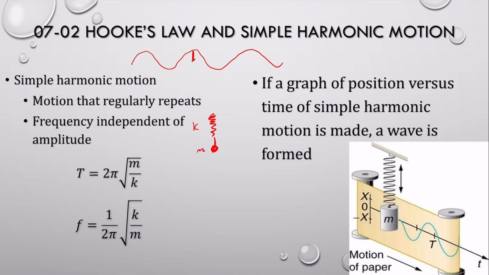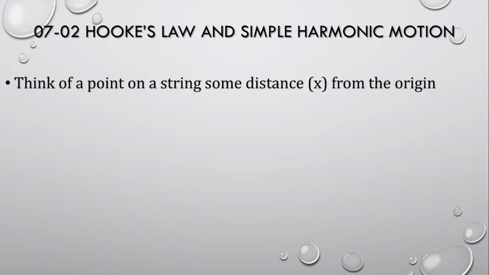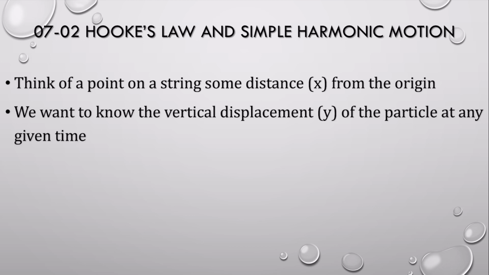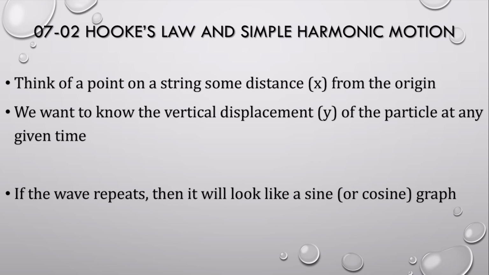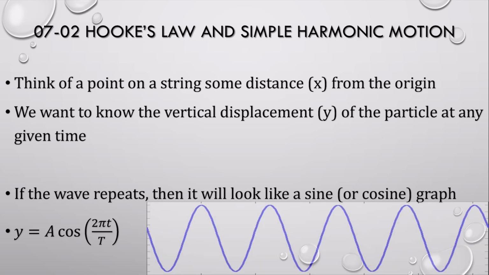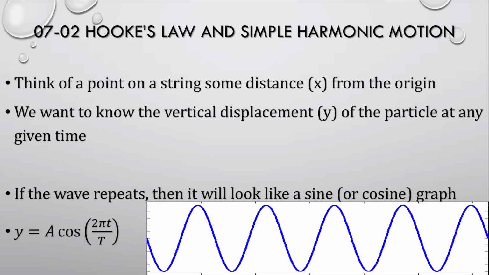If we had a graph of the position versus time for simple harmonic motion, we get a wave. It looks like a sine wave as it goes up and down. So think of a point on a string some distance from the origin. We want to know the vertical displacement of the particle at any given time. If the wave repeats, it'll look like a sine graph or cosine graph.